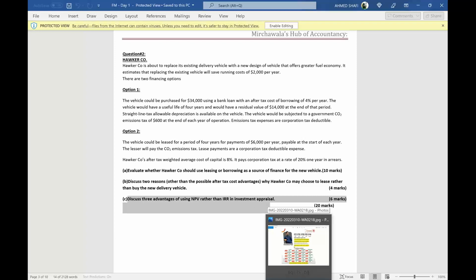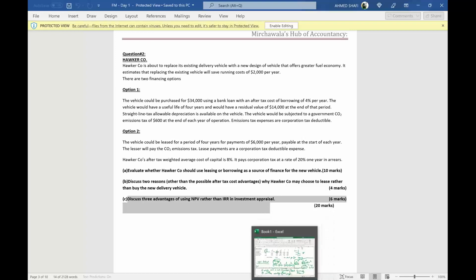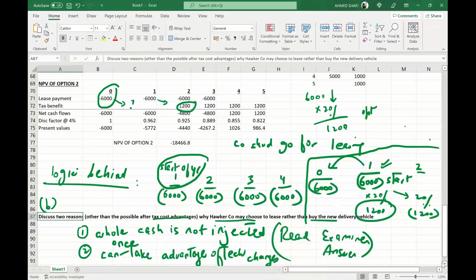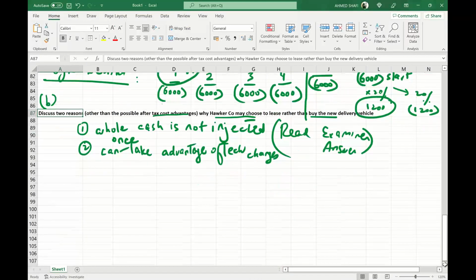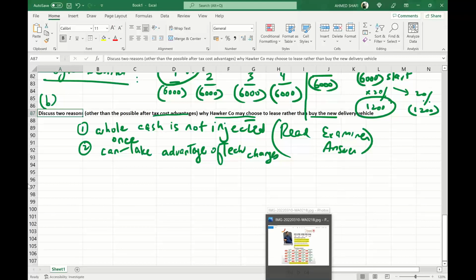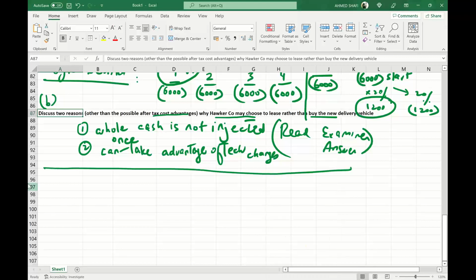Remember, this is not a case study requirement. It's just a random requirement. In the study text, there are advantages of NPV, disadvantages of NPV, advantages of IRR, disadvantages of IRR. So you have to write 3 advantages of NPV over IRR.